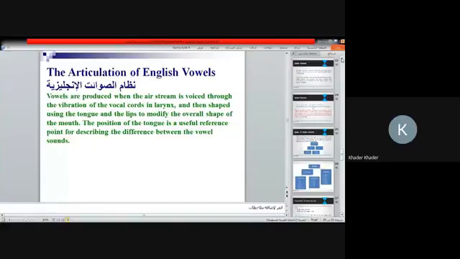Particularly in terms of their place and manner of articulation.